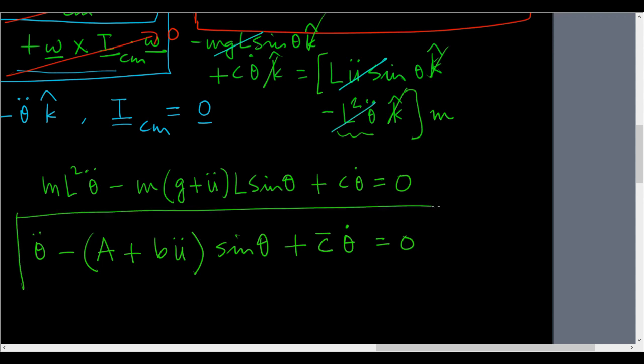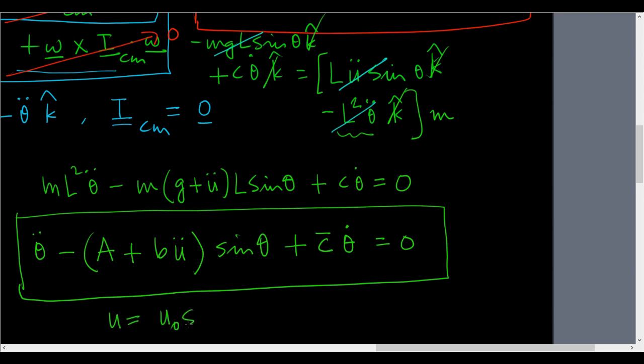This is what I'm going to look at. Further, I'm going to say that u is equal to u0 sine omega t. So this is the oscillation that I am putting in the base.